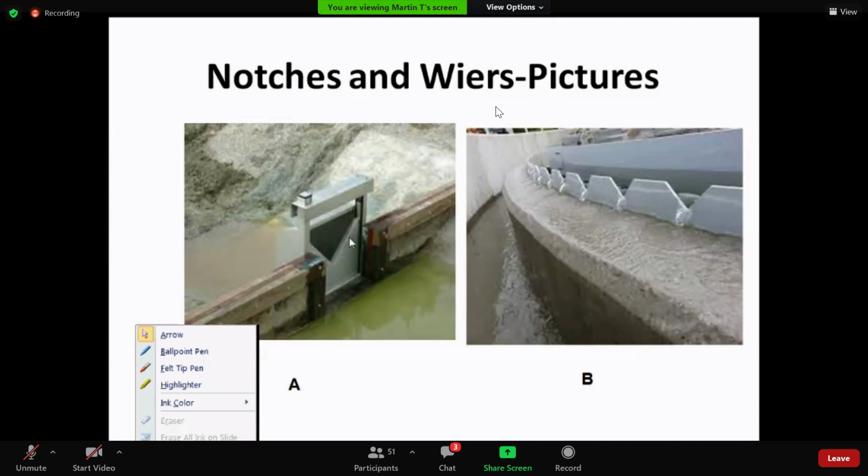If you remove this cover here, the gate, if you open that gate, water would gush out through this V. It would gush out like this through this V.